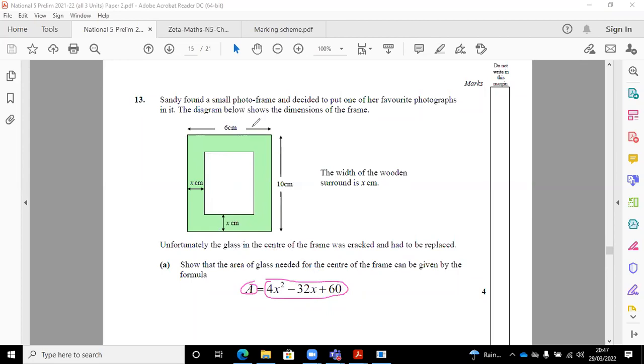So all your data is in this. Sandy found a small photo frame and decided to put one of her favourite photos in it, which is lovely. The diagram below shows the dimensions of the frame. Fortunately, the glass in the centre of the frame was cracked and had to be replaced. So we're looking for a formula that gives the area of the inside shape.